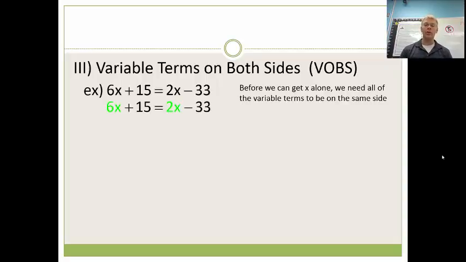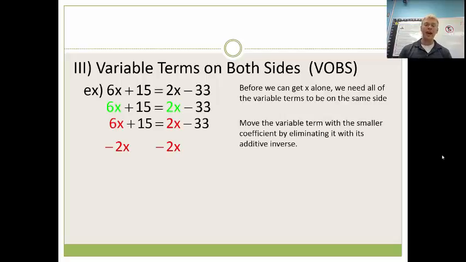So what we're going to do is we see the 6x and the 2x are on opposite sides. Our strategy is going to be to eliminate the variable term with the smaller coefficient by using its additive inverse. So we can see 2 is smaller than 6. So I am going to eliminate the 2x by subtracting 2x.